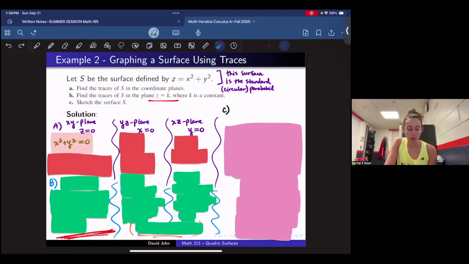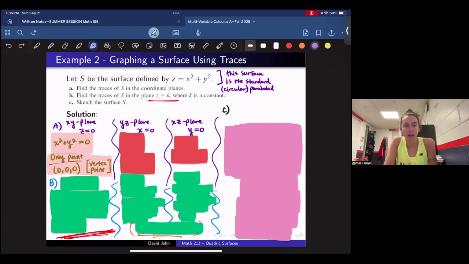We set x equal to 0, then we have y squared equals 0, and our only solution here is once again 0. So we're looking at only 1 point, which is 0, 0, 0.